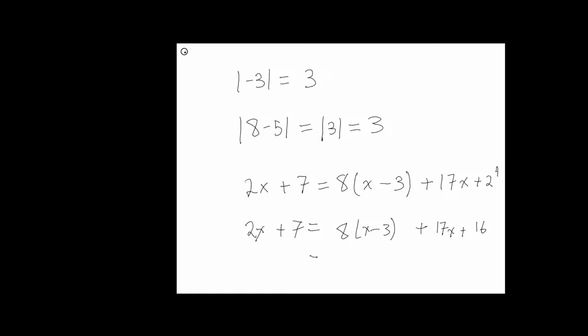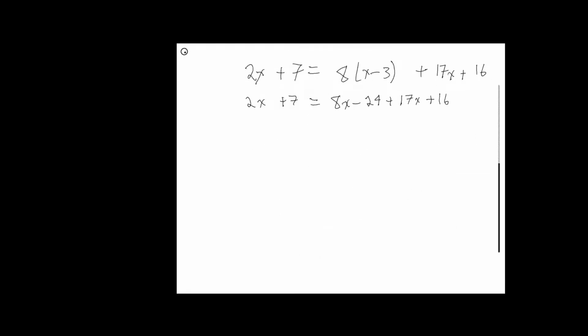So when I multiply, this becomes 8x minus 3 times 8, which is 24, plus 17x plus 16 plus 7 plus 2x. Dragging everything down.